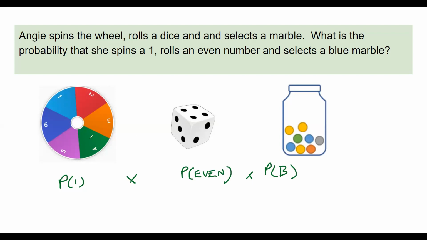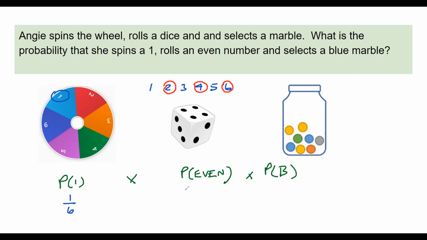The probability of a 1 on the spinning wheel: there's only one 1, and there's 6 spaces. So that will be 1/6. On a dice, we've got 6 numbers, 1, 2, 3, 4, 5, 6, and we have 3 even numbers, 2, 4, and 6.